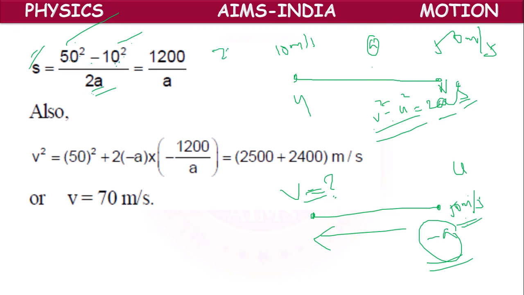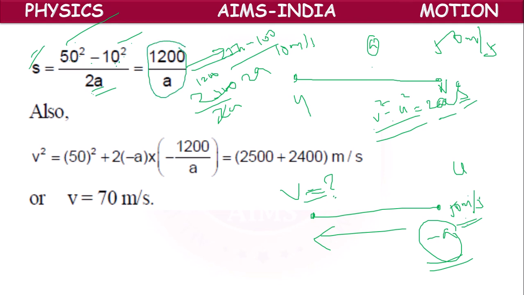So we get 2500 minus 100 by 2a, or 2400 by 2a, which is equal to 1200 by a. That is the first case. We have got s equal to 1200 by a. In the second case also, it is covering the same distance.